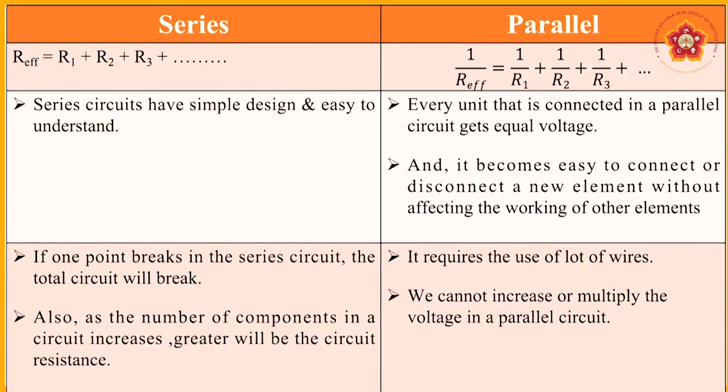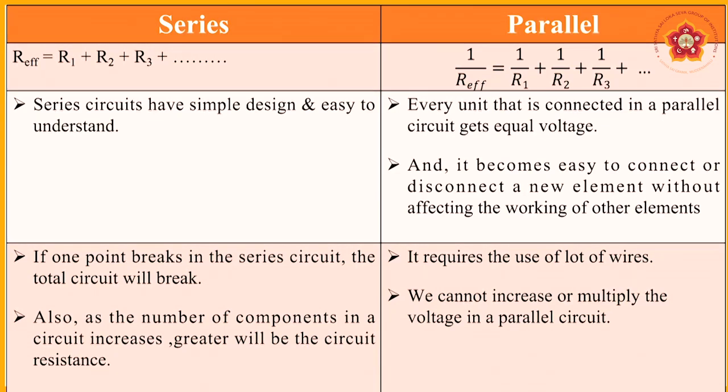If the circuit wires are broken or the resistors are not joined properly, there is no flow of current from that point to the next point. So the whole circuit fails. But this does not happen in parallel because there is branching. Only in that branch does the current not flow; through the other branches the current will flow.